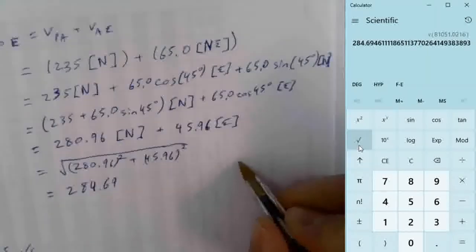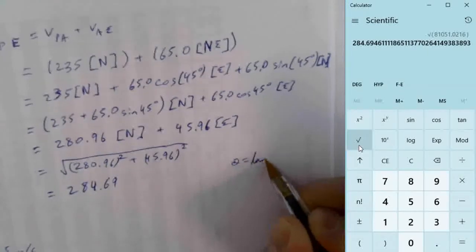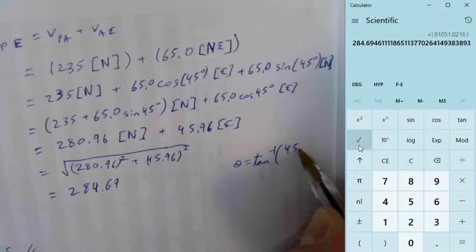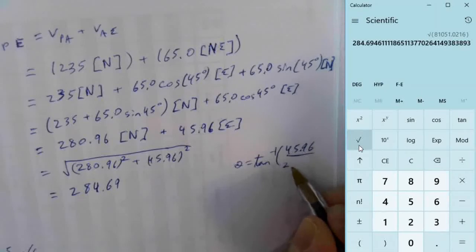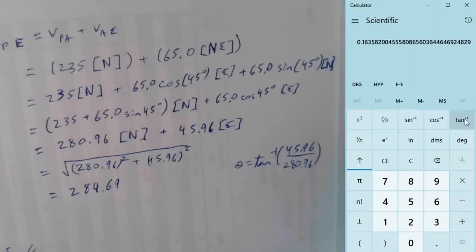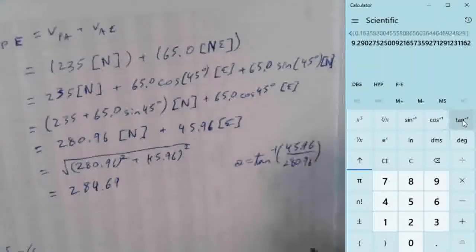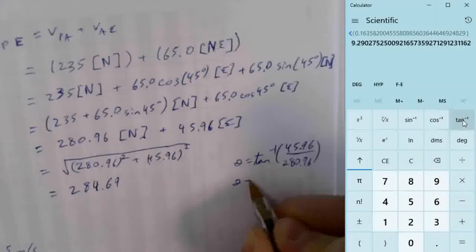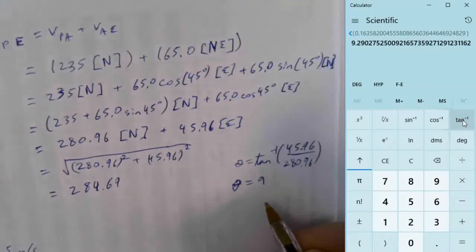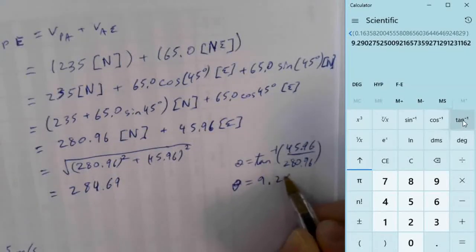And on the side here, I'm going to find the inverse tangent of my lesser value, 45.96, divided by my greater value, 280.96. Find the inverse tangent of that, and I have a value of 9.29.